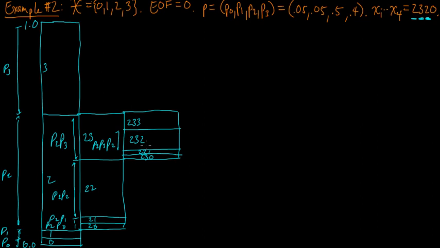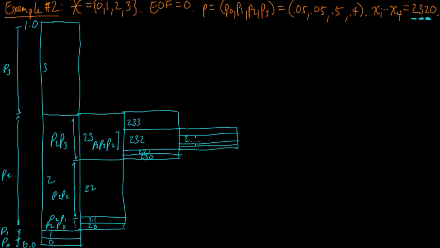So once more, in just the same way, we subdivide this dude. And we get a little tiny bit here, a little tiny bit here, a bigger one there, and another one.